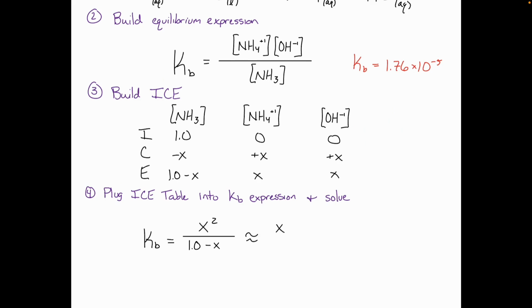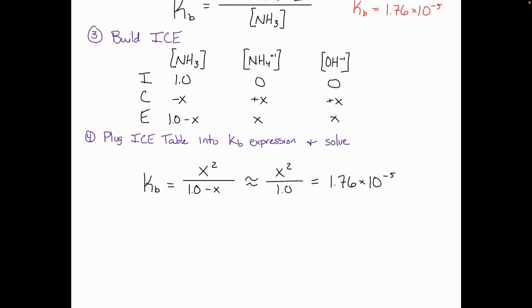So this is the same thing as x squared over 1.0, and that equals my 1.76 times 10 to the negative 5. So I get that my x is 0.004195.